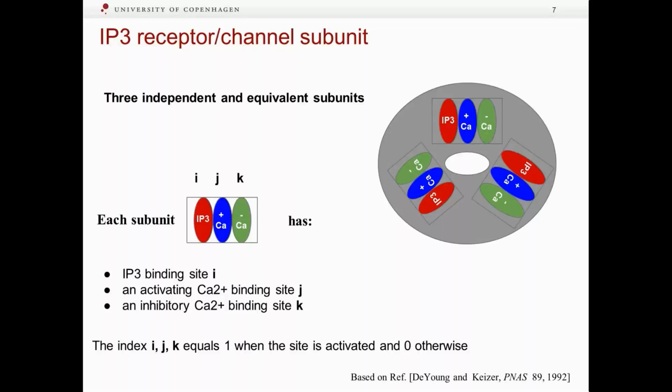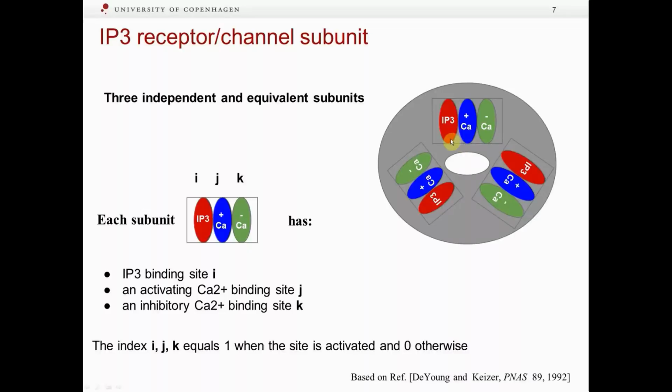In order for the channel to be open, the IP3 site and the activating calcium site must be occupied, whereas at the same time there must be no occupation of the inactivating calcium site.